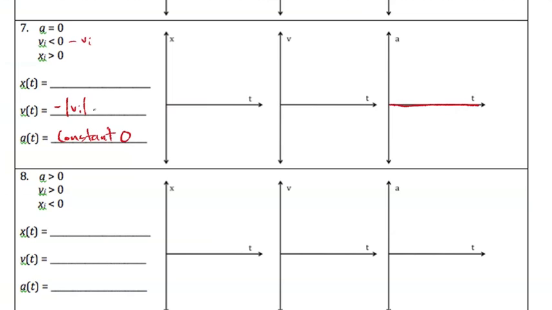And what's our acceleration? VI plus AT. Well, that's 0, so the AT part goes out. So it really just tells us that we have a negative initial velocity, and it stays that way. So let's pick a negative value over here. Something like that.